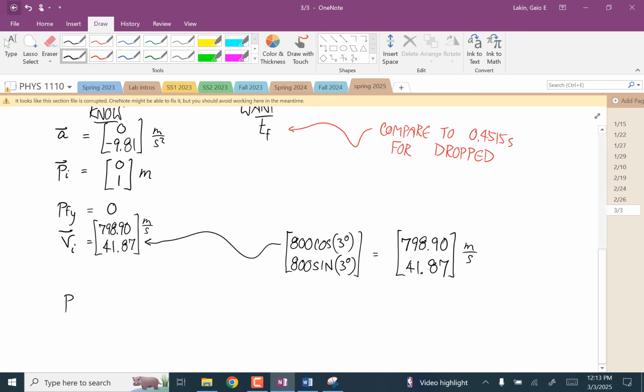So the equation that I think works is PFY is equal to PIY plus VIY TF plus 1/2 AY TF squared. And so 0 is equal to 1 plus 41.87 TF minus 4.905 TF squared.